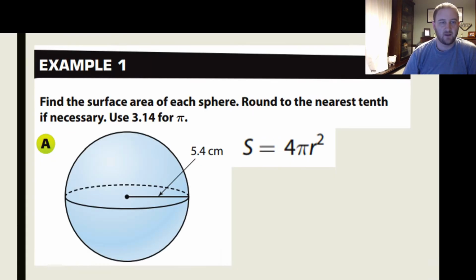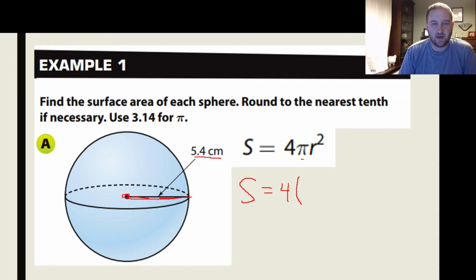Example 1 says find the surface area of each sphere, round to the nearest tenth if necessary. Use 3.14 for pi. We have a radius here of 5.4 centimeters. So the surface area is equal to 4 times pi, which is 3.14, times the radius squared.